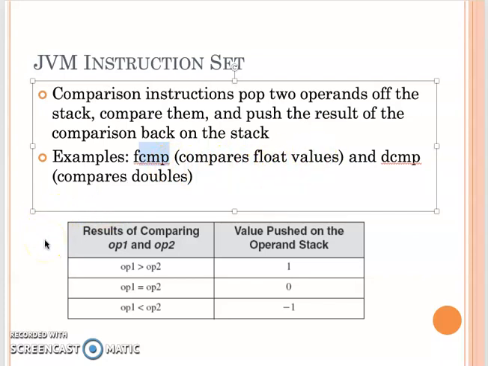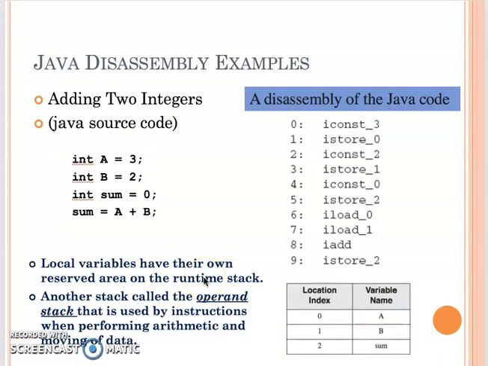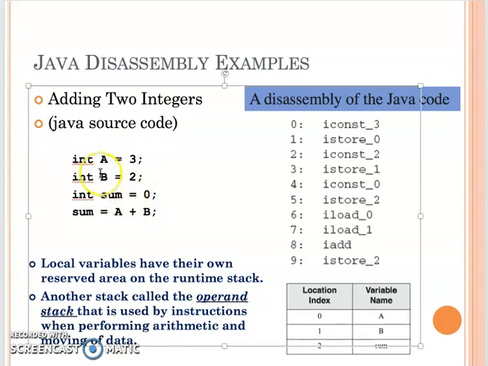The same thing later when we try to retrieve the data, it depends on whether it is a floating number or an integer type. To help you understand, we give you a couple of examples. For example, the add two example, which we did many times in C++ or our add two this week. You see you have A equal to 3, B equal to 2, sum equal to 0.